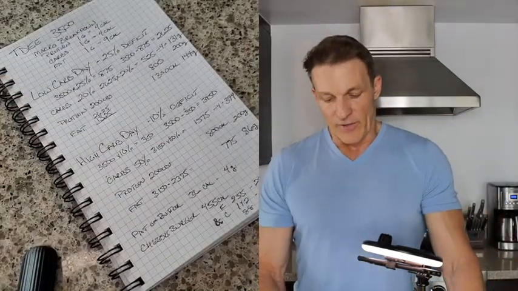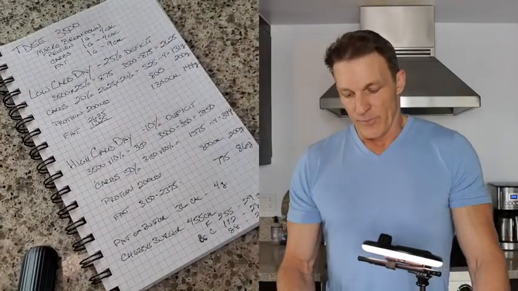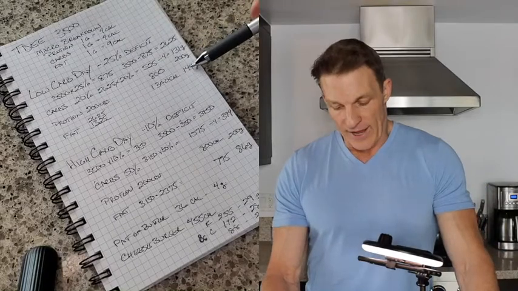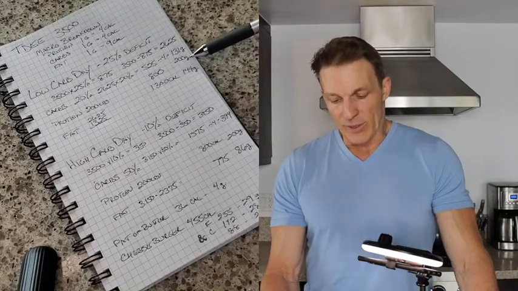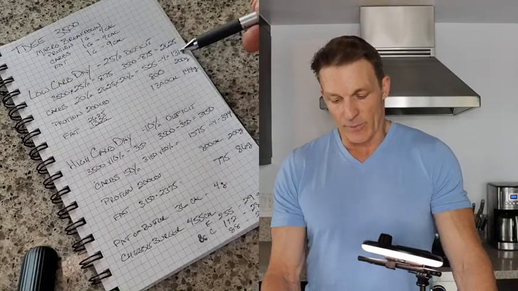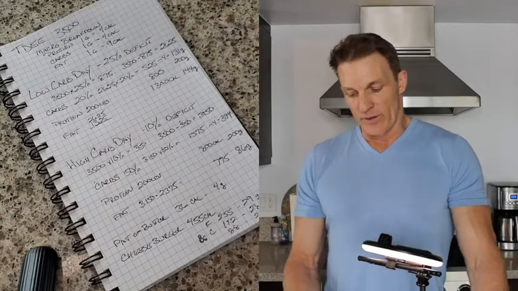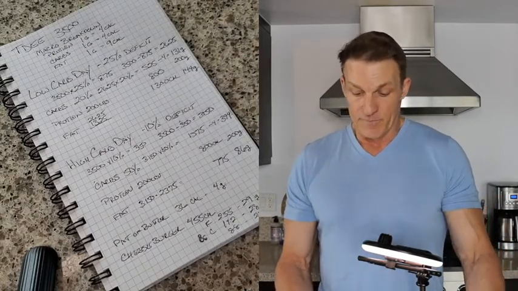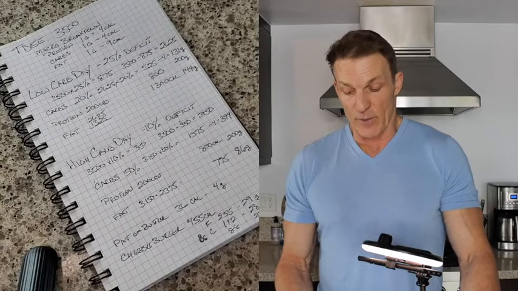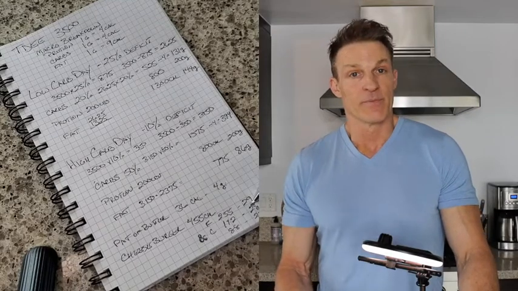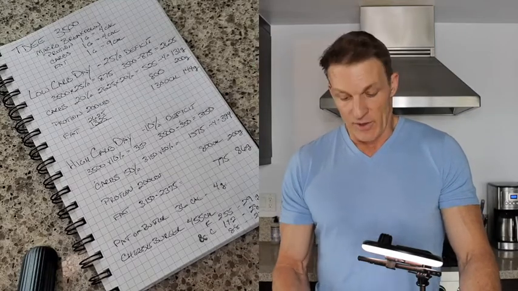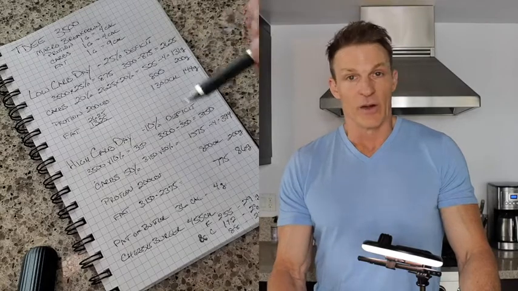So here's the breakdown of that cheeseburger. On my low carb day, I only have 131 grams of carbs. So I need to decide if I want to spend 28, which is 30% of my carbohydrates, on this cheeseburger. You can decide if the rest of my macros are going to fall in line.